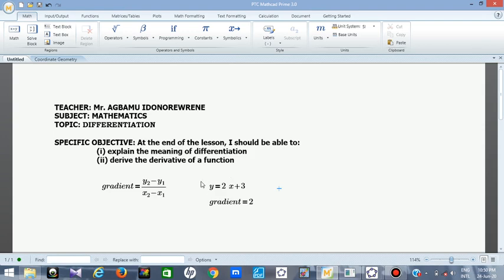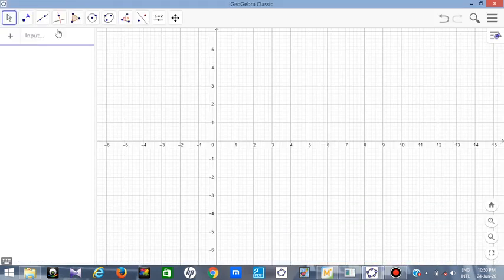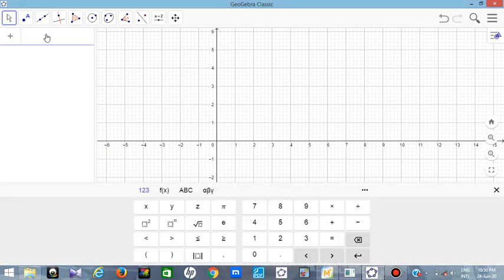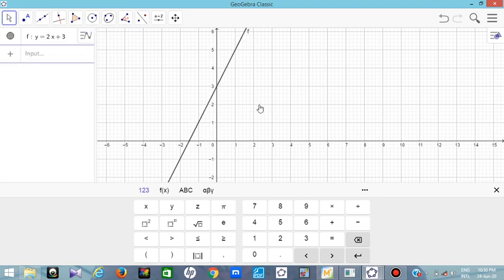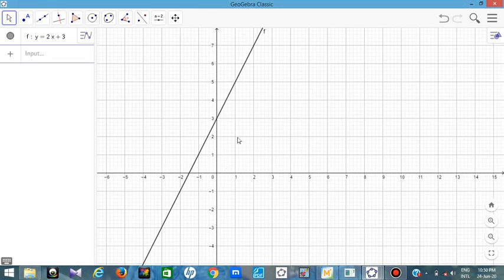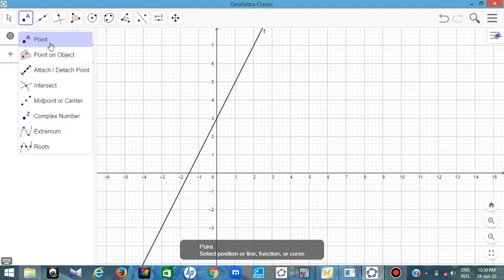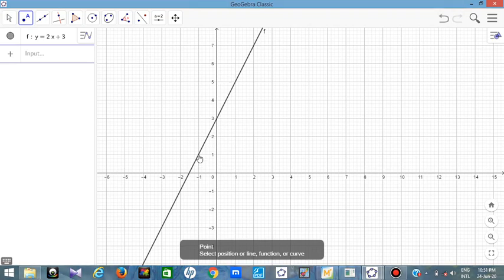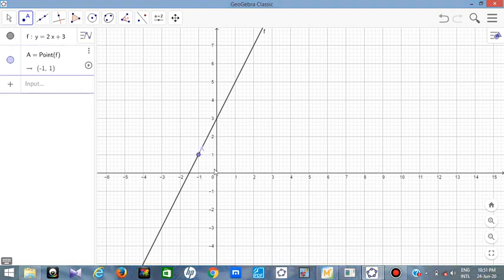Let me show you the line of this equation. Let's go to our graph. If I have y equals 2x plus 3, you can see this is the line. Let's take a point on this line, with minus 1 for x and 1 for y.